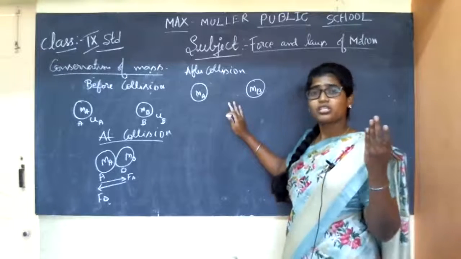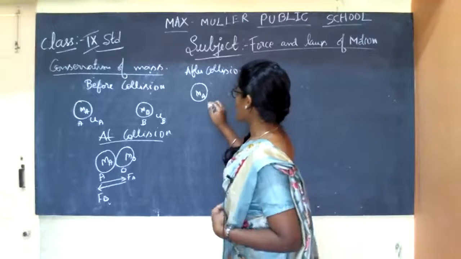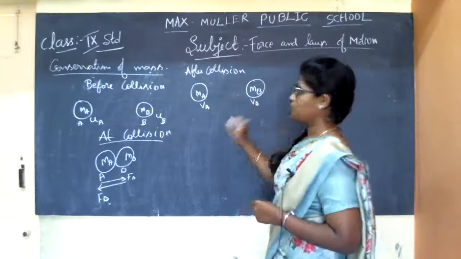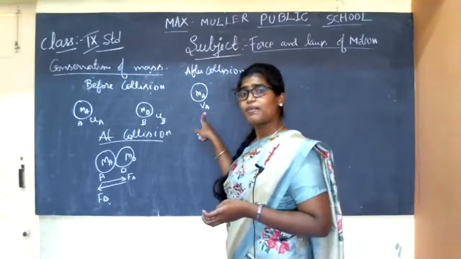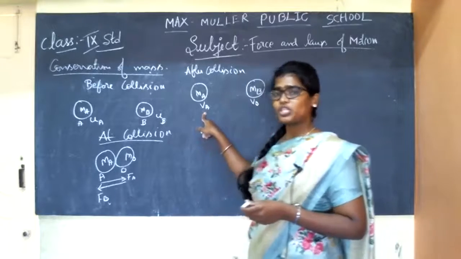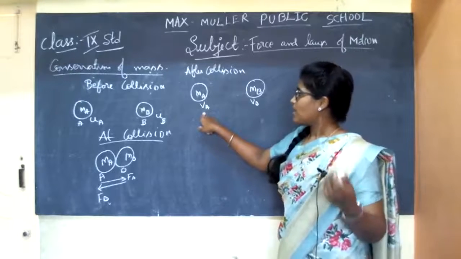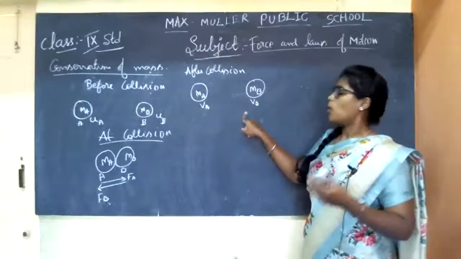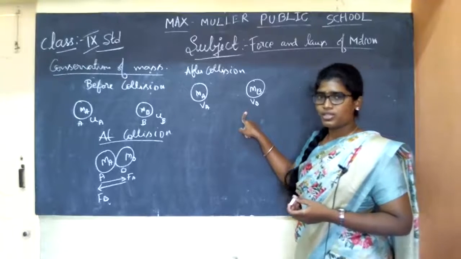So what velocity will you represent for the final? It will be the final velocity, which is VA and VB. The final velocity is represented by the letter V. That of mass A is VA, and the velocity of object B is VB. Clear till here?